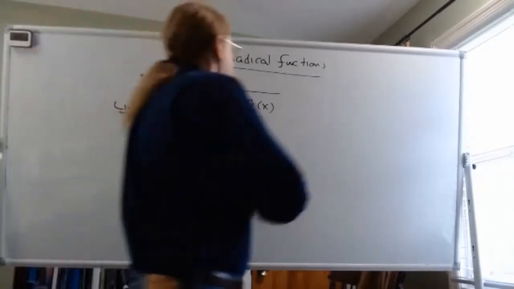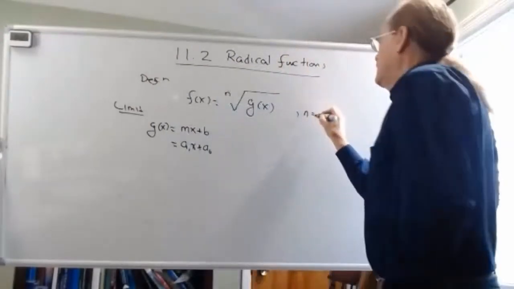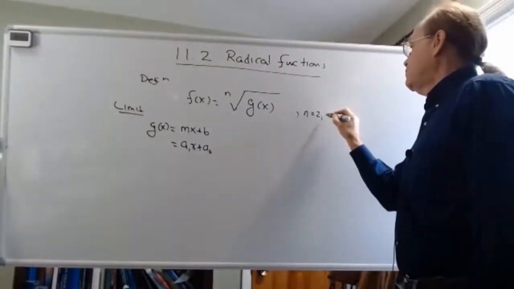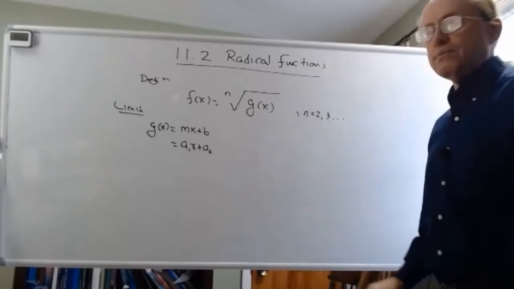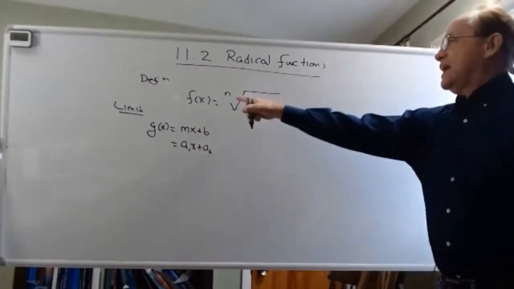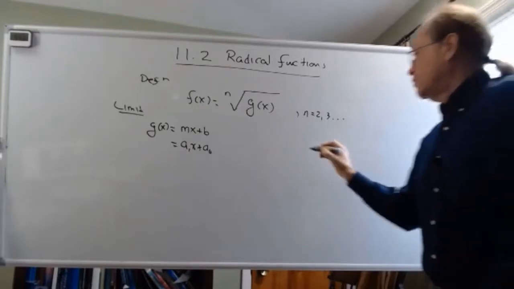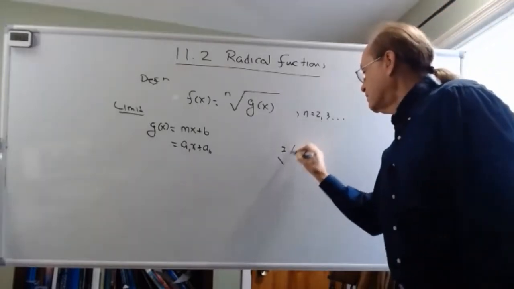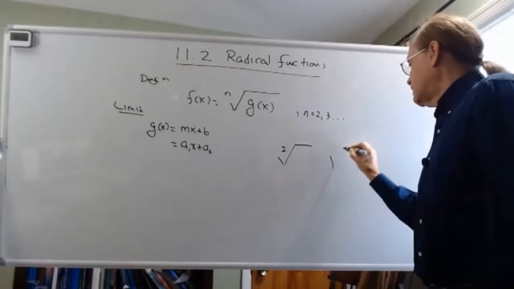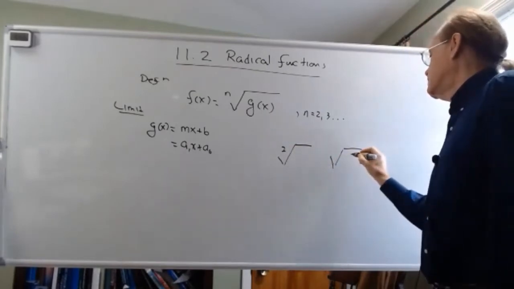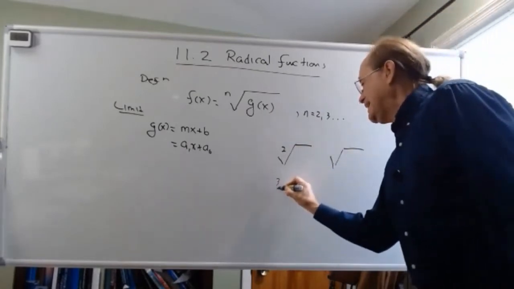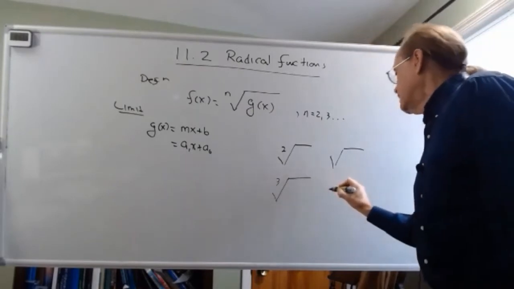Okay. n is any integer, so 2, 3, or higher, a positive integer. If n is 2, that's a square root, and we don't write the 2. You could write it, but typically we just write it in this form. If it's a 3, then it's a cube root.